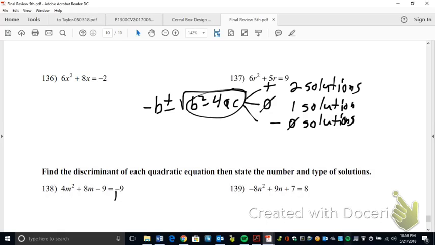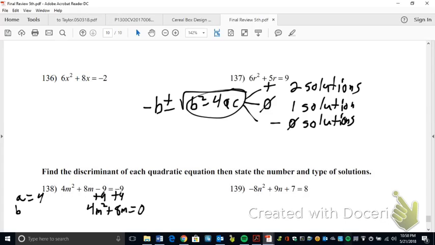So here, I want to make sure that my B, my A, and my C are right. So on number 138, the first thing I want to do is add 9 to both sides. Now that's actually going to cancel both of the 9's out, so I'm just left with 4m squared plus 8m equals 0.